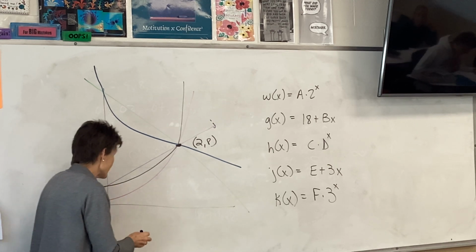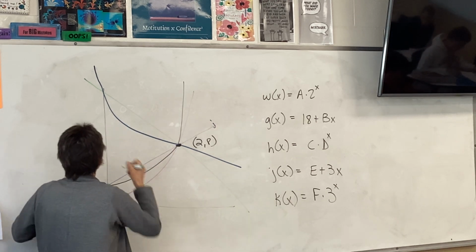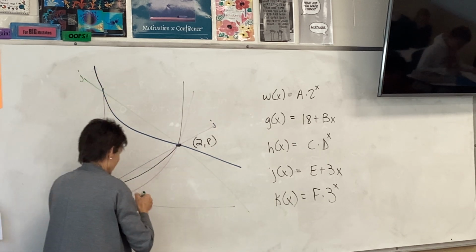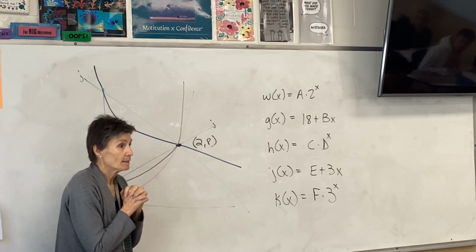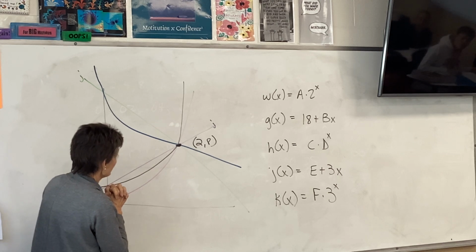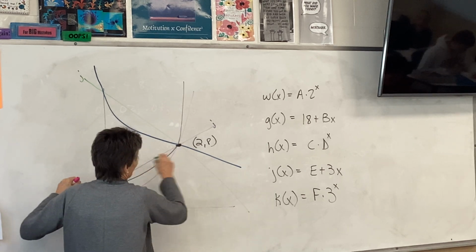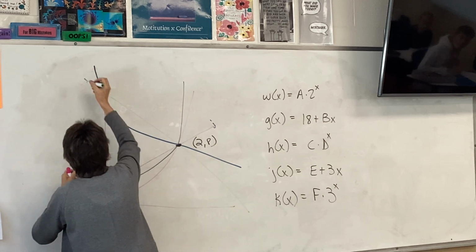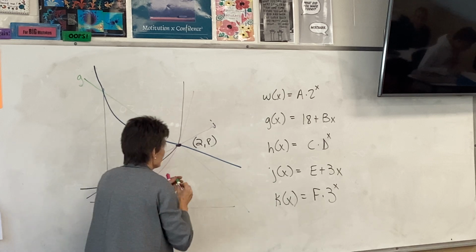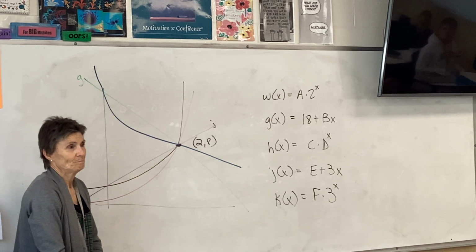And that means that G must be my green line. Now, let's stop right there. J's purple, and this is G. So are we okay with that?